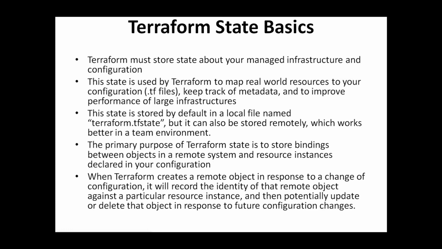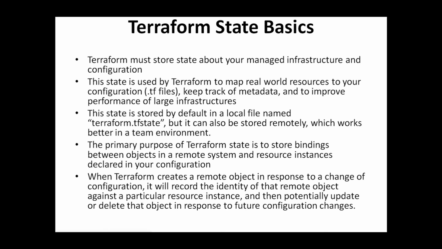Terraform must store state about your managed infrastructure and configuration. This state is used by Terraform to map real world resources to your configuration, keep track of metadata, and to improve performance of large infrastructures. This state is stored by default in a local file named terraform.tfstate, as we saw in there, but it can also be stored remotely, which works better in a team environment, in a project environment.